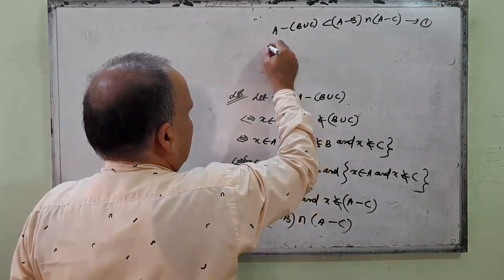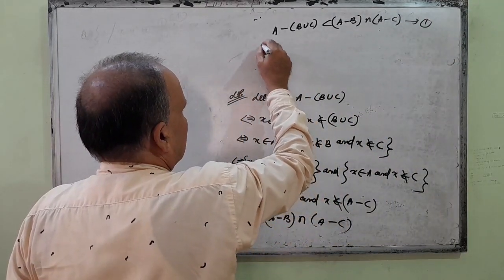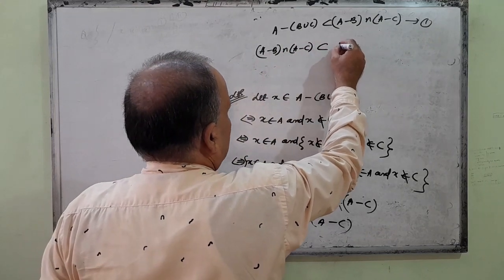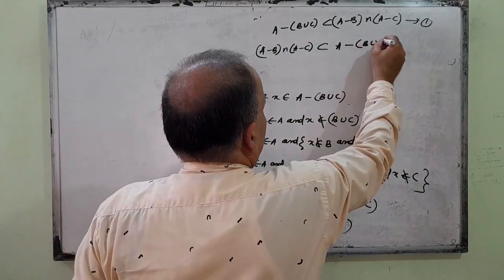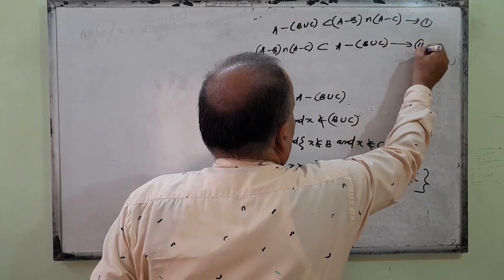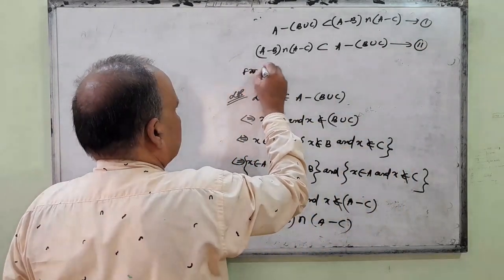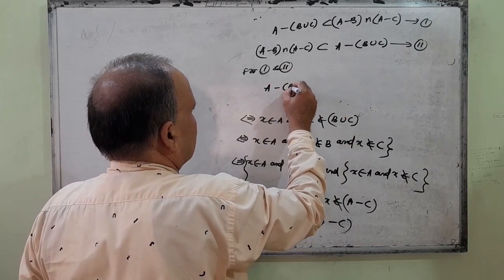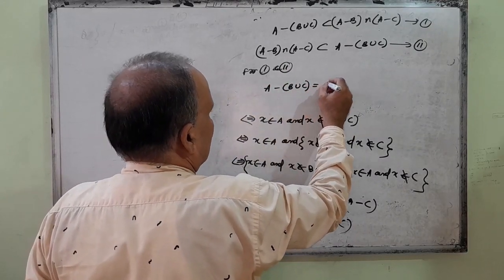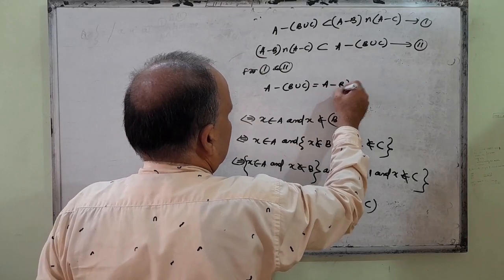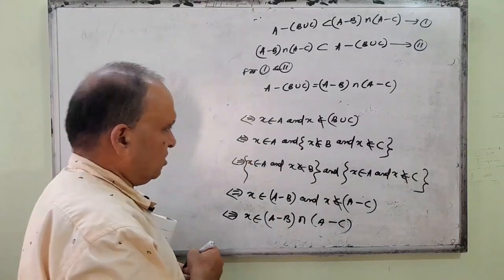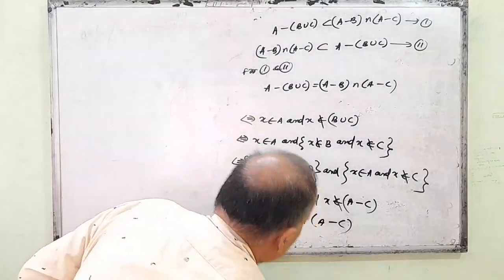And A minus B intersection A minus C is a subset of A minus B union C. So from 1 and 2 you can write A minus B union C is equal to A minus B intersection A minus C.